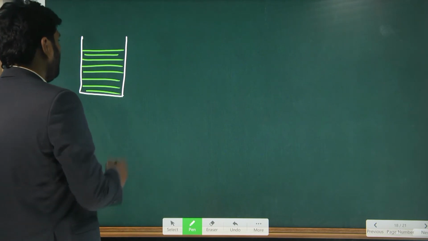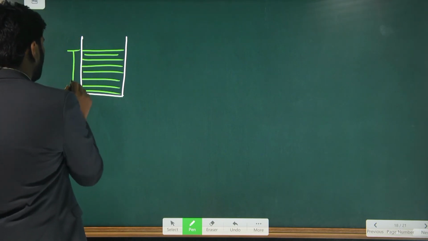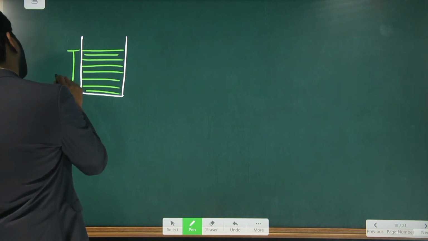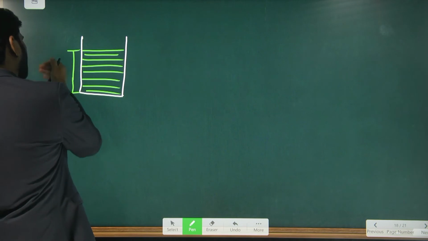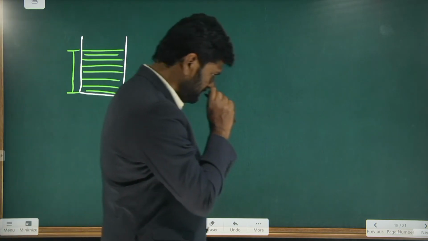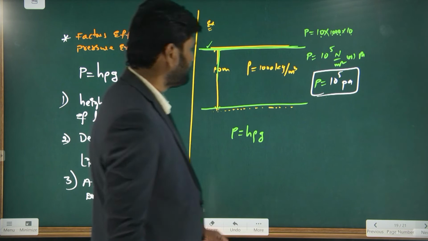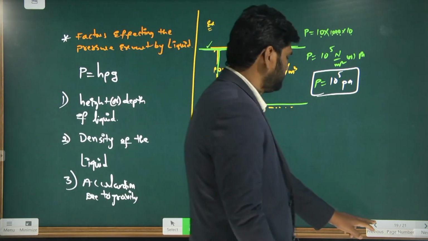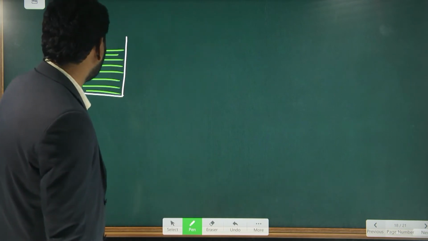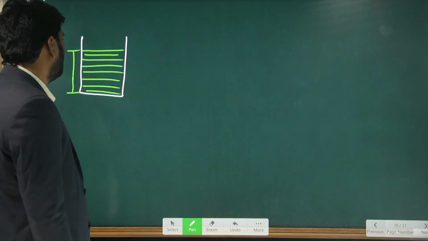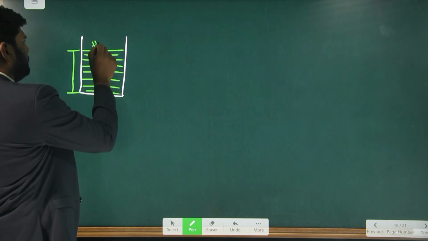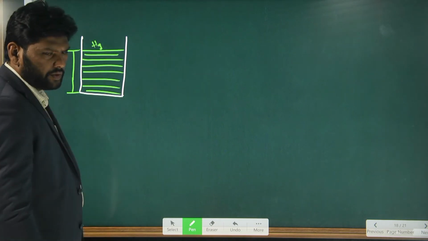The container having liquid, the height of the liquid column is... Now here there is a liquid, you can take mercury. Here we have mercury.